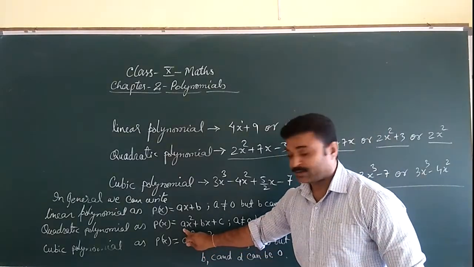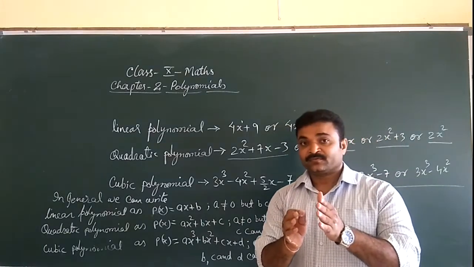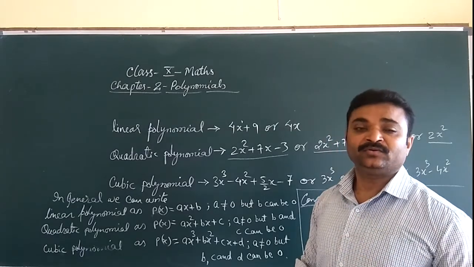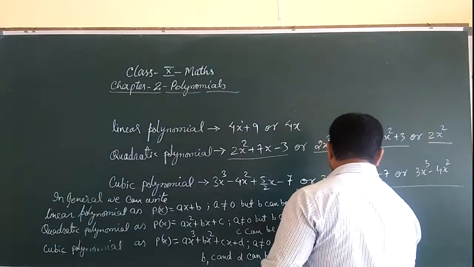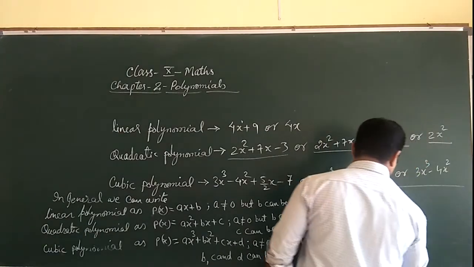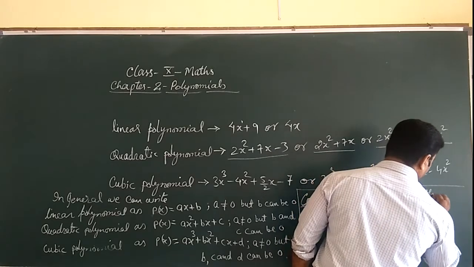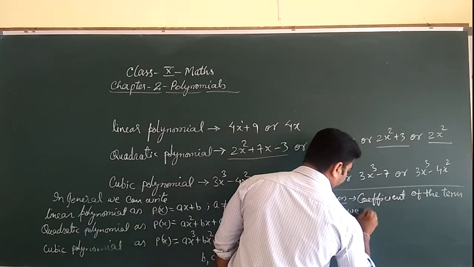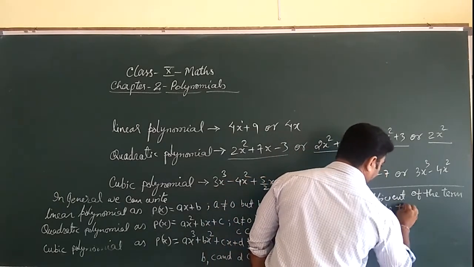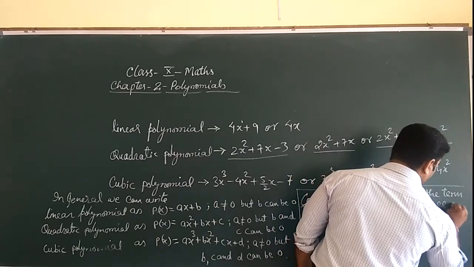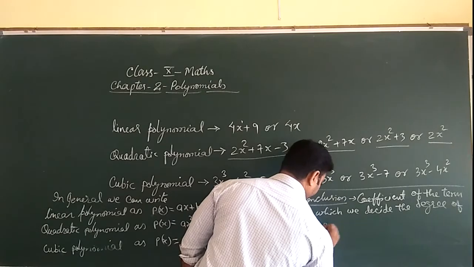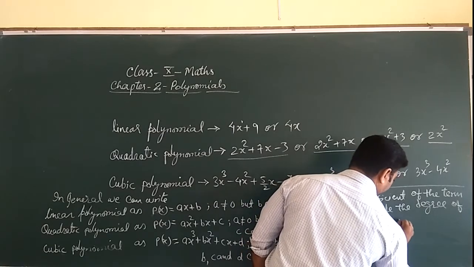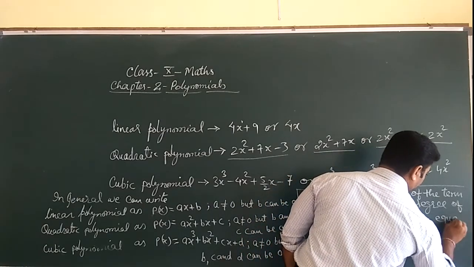That means the coefficient of the term by which we decide the degree of the polynomial will not be equal to 0.